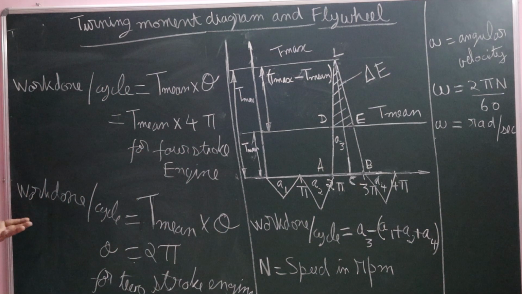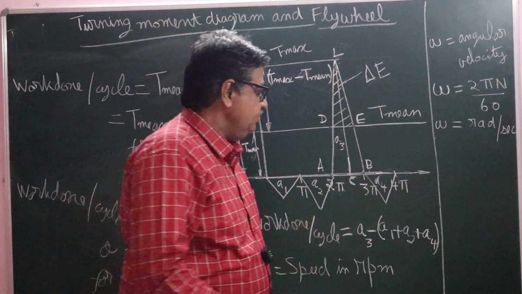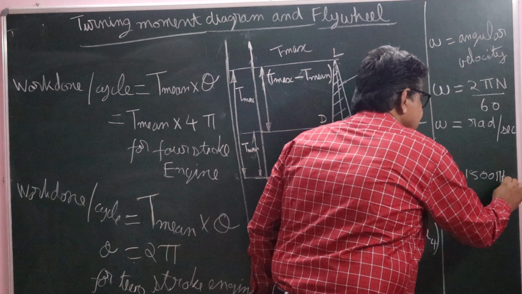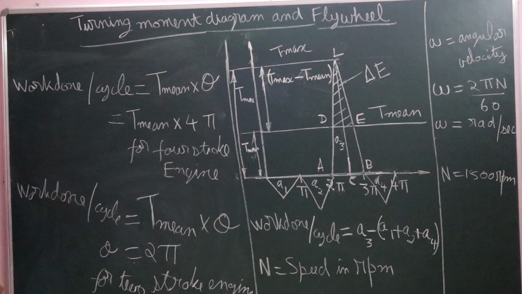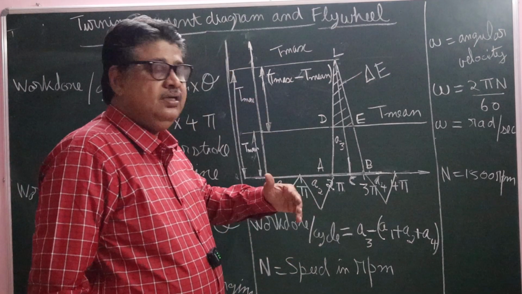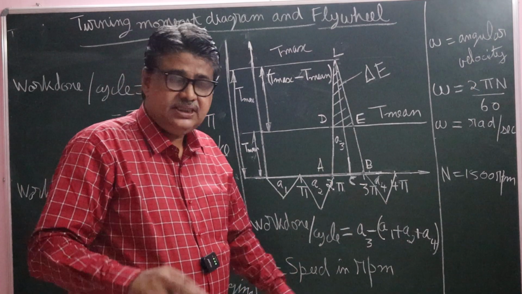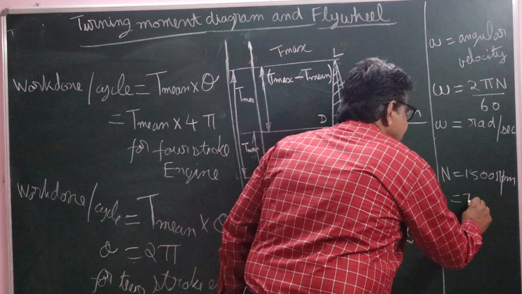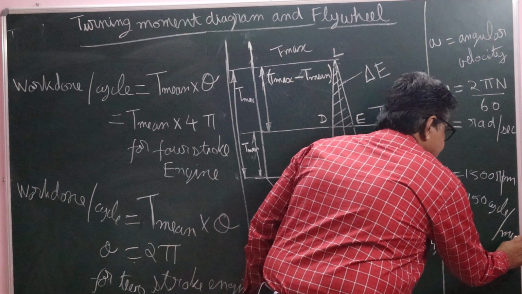Right. So, for example, let us take an example for a 4-stroke engine. Let us consider N equal to 1500 revolutions per minute. Therefore, how many cycles are there? Every 2 revolutions constitute 1 cycle. So, there are 750 cycles per minute.